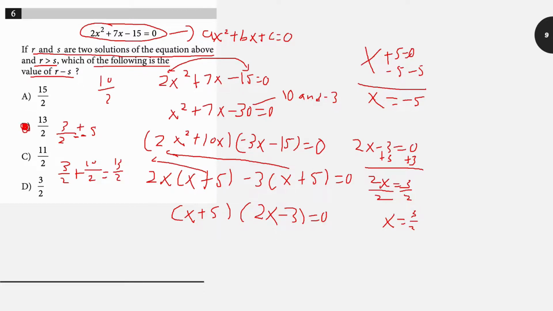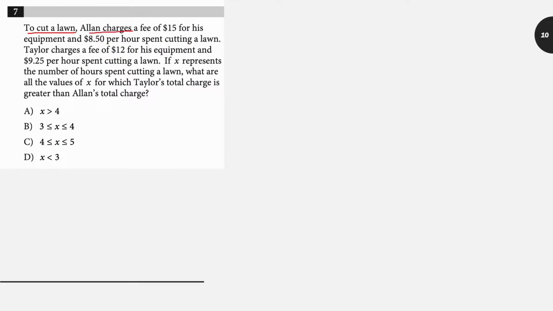That's your final answer. To cut a lawn, Alan charges a fee of $15 for his equipment and $8.50 per hour spent cutting a lawn. Tyler charges a fee of $12 for equipment and $9.25 per hour spent cutting a lawn. If x represents the number of hours spent cutting a lawn, what are the values of x for which Tyler's total charge is greater than Alan's total charge?